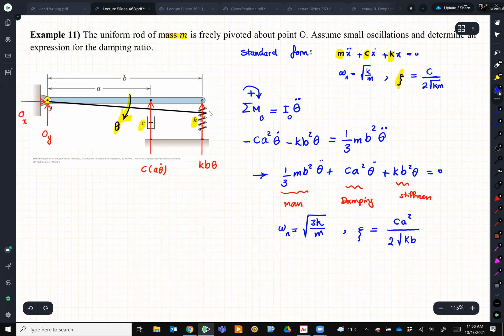So one more step, I can write down c, maybe, okay, I have a 3 over here. 2 square root of 3, or 2 square root of 3 over there. Let's just do it in one shot: 2 square root of 3 k m and a b squared.